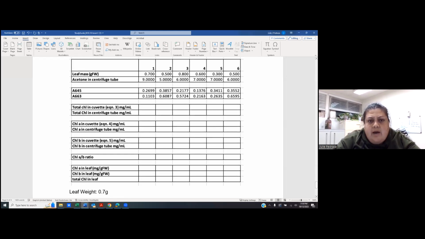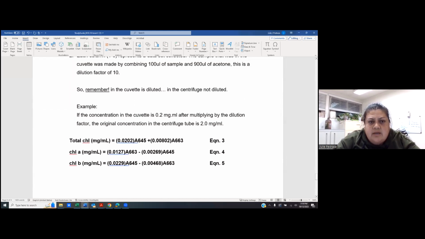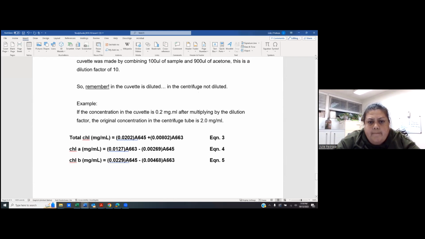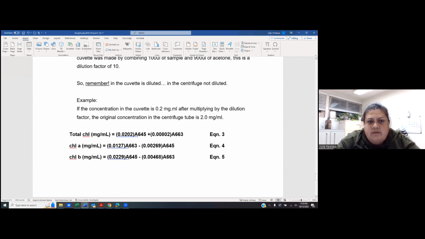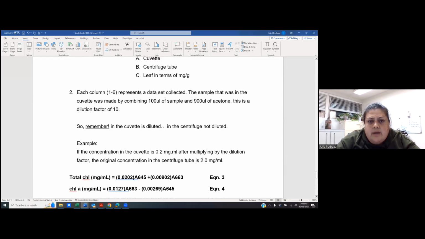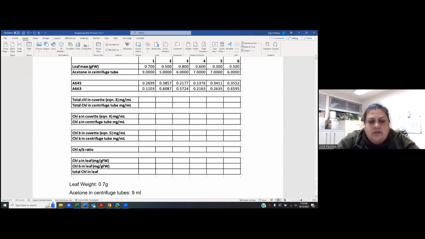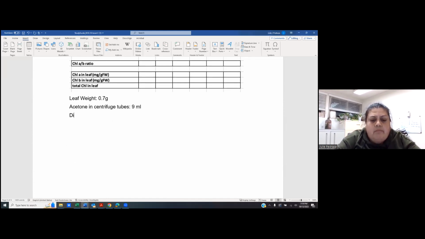What did she say? Our cuvette was a 10x. That's just giving an example. Oh yeah, so it's a 10x dilution, okay? Does everyone see where I'm getting that, right?